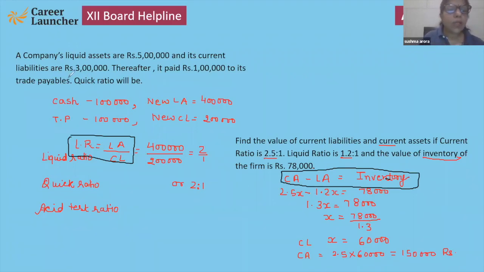Here I want to give you one more thing. If current asset reduces and current liability reduces, the current ratio will increase. Same here: current asset reduced, current liability reduced, so the ratio is increasing.